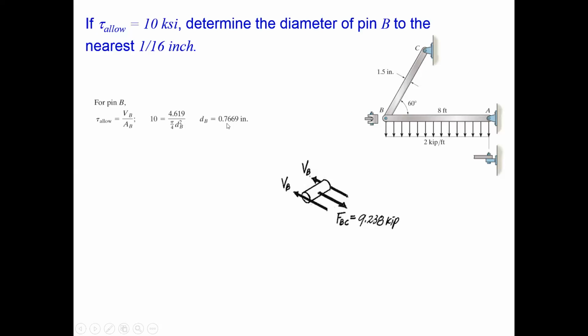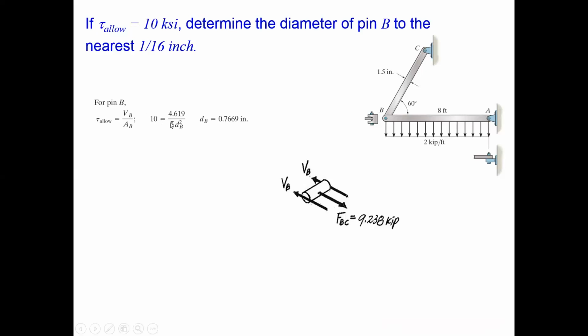You can actually put those numbers into your calculator. So you could put in the 0.75, which would be the 12/16, square it, multiply it by pi/4, do the calculation, and you will calculate a value that is greater than 10. Now, if you use the 13/16 for the diameter, that would be a diameter of 0.8125.